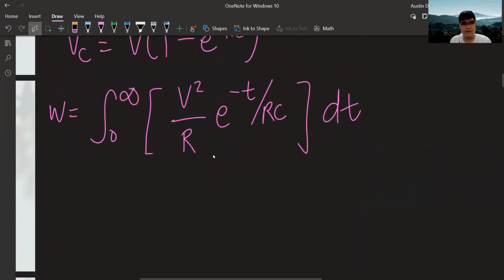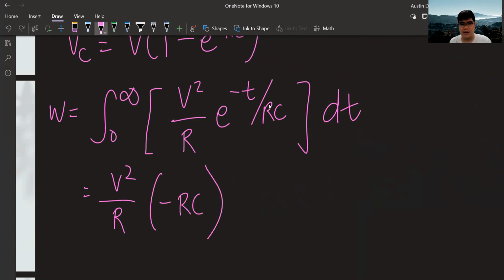We just have to labas lang natin si V squared over R and then integrate natin si e raised to negative t over RC. So, magkakaroon tayo ng factor ng negative RC. Tama? Kasi may madidivide to by negative 1 over RC. So, ayusin lang natin.